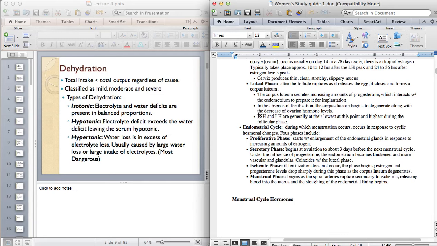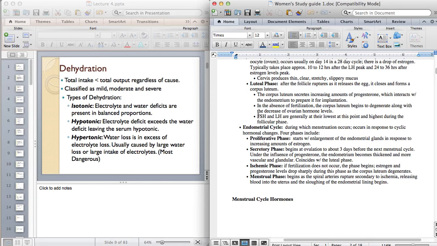Remember, they do have a very high metabolic rate. A 1 degree rise in temperature can result in significant fluid loss in a child.